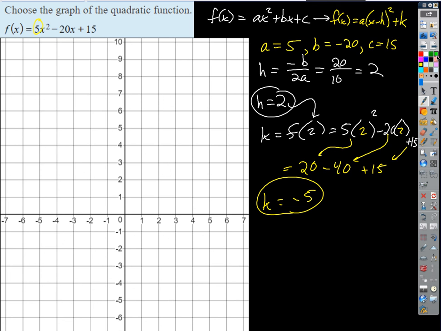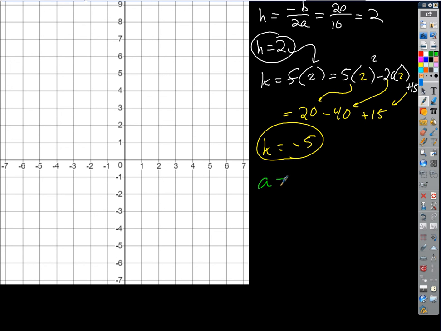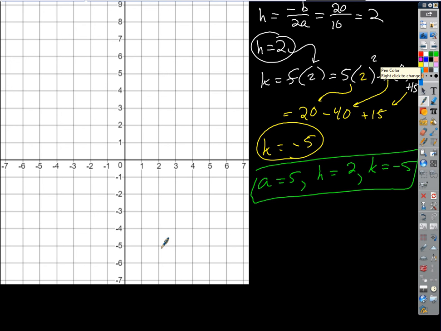That's all we need, right? We just write that stuff down. That's all we need to graph the thing, right? So the vertex is going to be at 2, negative 5, so over 2, down 5. Right? And if A is 5, then instead of going over 1 and up 1, we're going to go over 1 and up 5. We're going to multiply by 5, right? We're stretching it so it's 5 times taller.